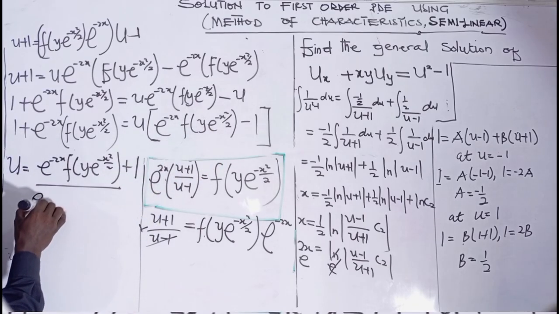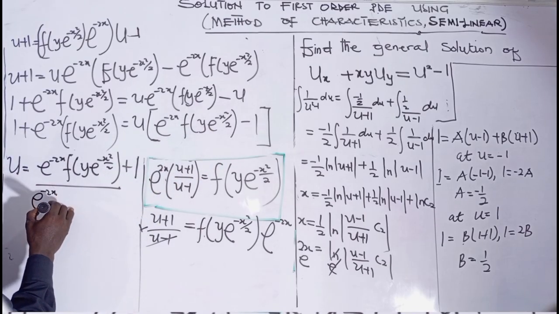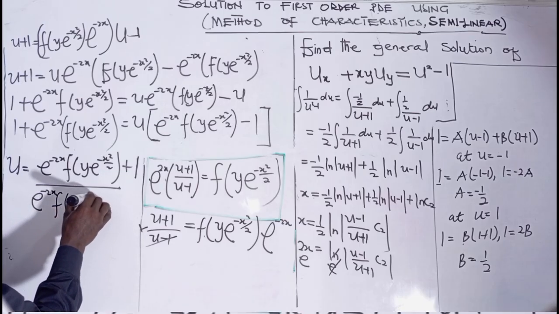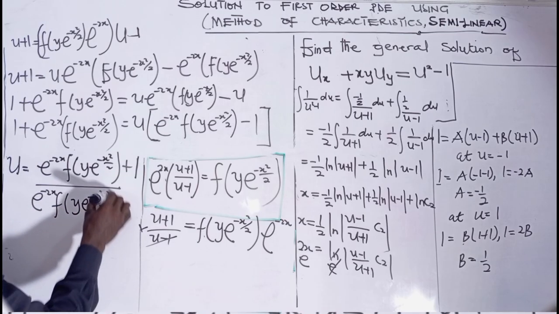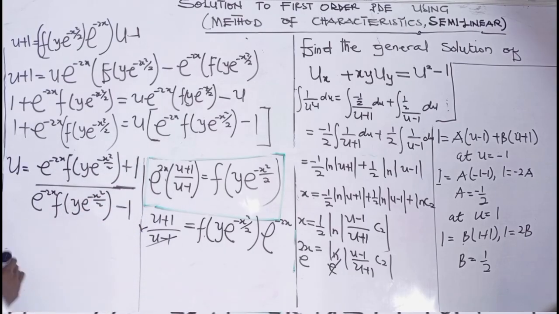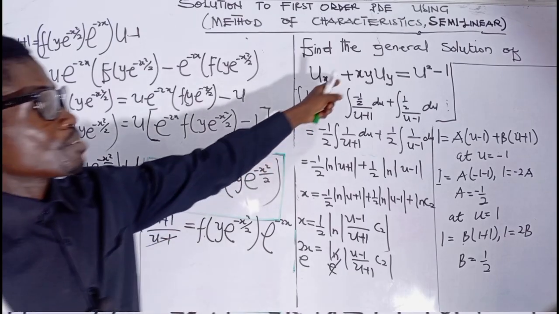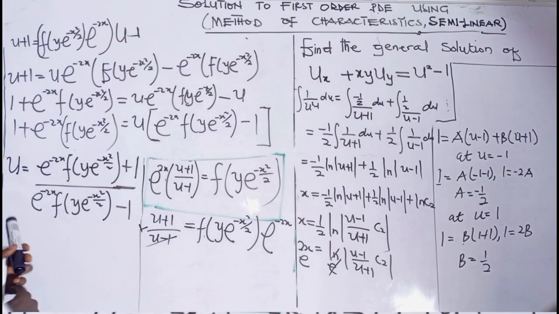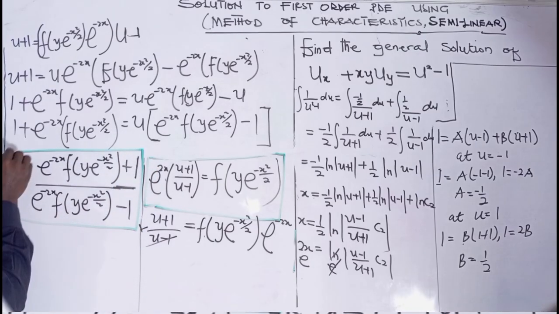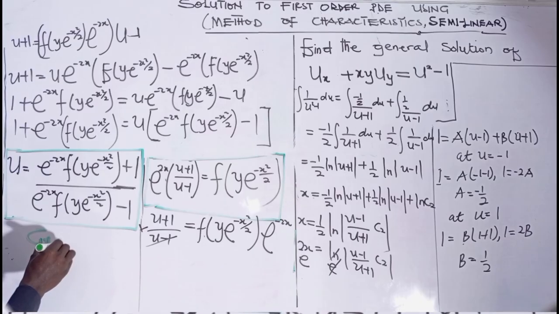So we have e exponent negative 2x, and then a function of y e exponent negative x squared all over 2 minus 1. So the general solution to this particular PDE is this one, what we have just finished. So this was the general solution.